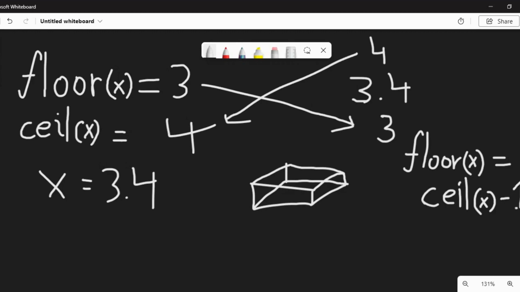Unlike the rounding function, which gives a slightly different result based on the decimal part, like 3.5 here, but I'll be going over that shortly. Now that we have a feel for floor and ceiling, I'll go over a couple of problems so we can understand it further.